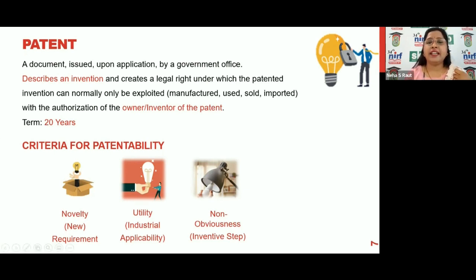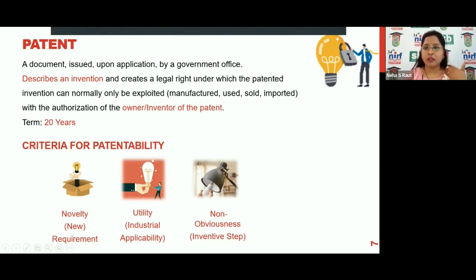Now, what are the criteria to make it patentable? I have used these words many times: novelty, utility, inventive step. Now, what exactly does novelty mean? It is new, which is not in the existing, that we have not seen earlier. Okay, it is new, right? So anything that is new comes under novelty. Then comes industrial utility.